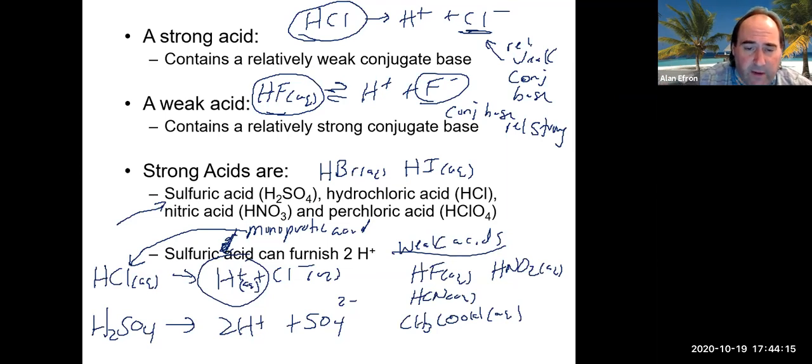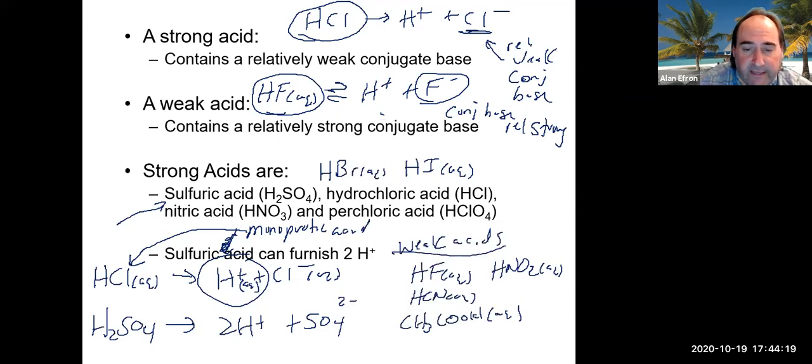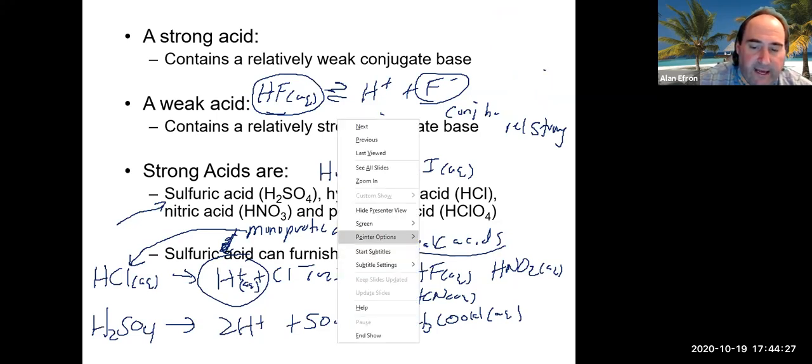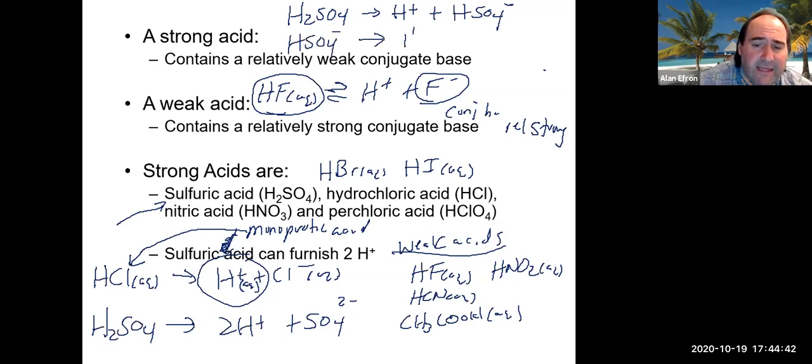That's why, earlier, when we were talking about conjugate acid and base pairs, for example, what happens in sulfuric acid is that H2SO4 will drop the first H plus off, and you get HSO4 minus. Then that HSO4 minus will drop off the second H plus and make sulfate.